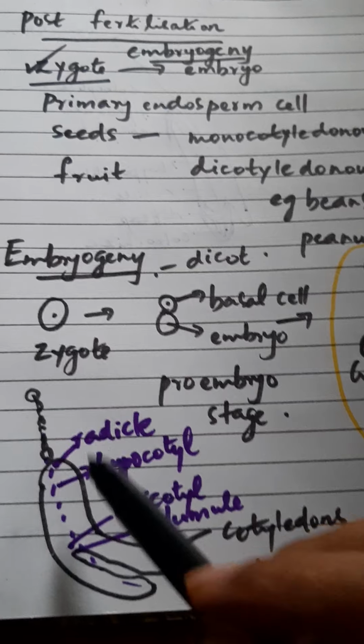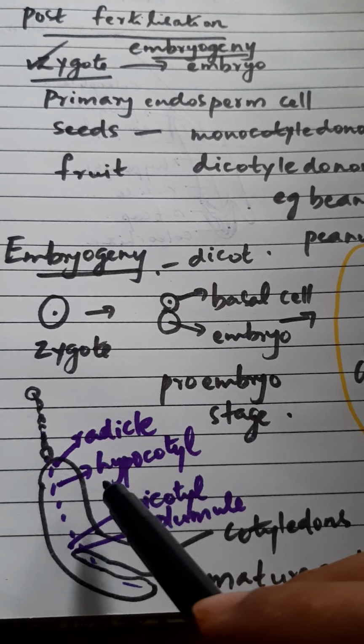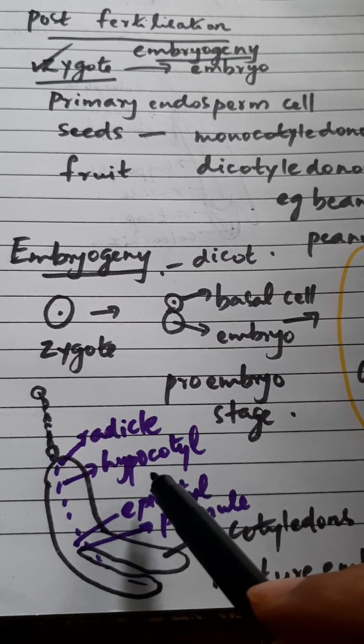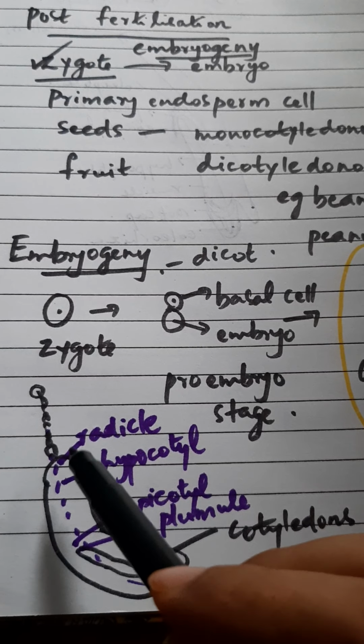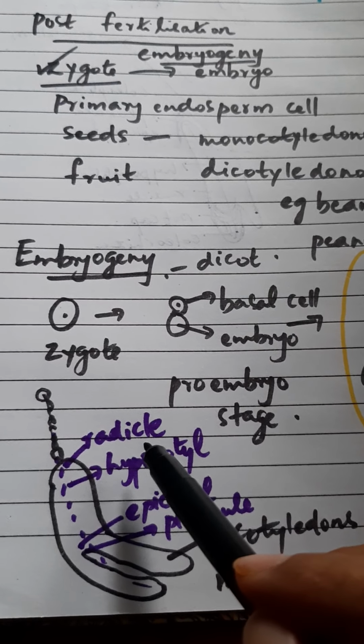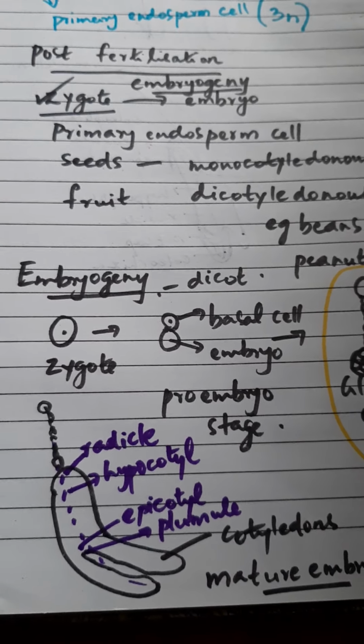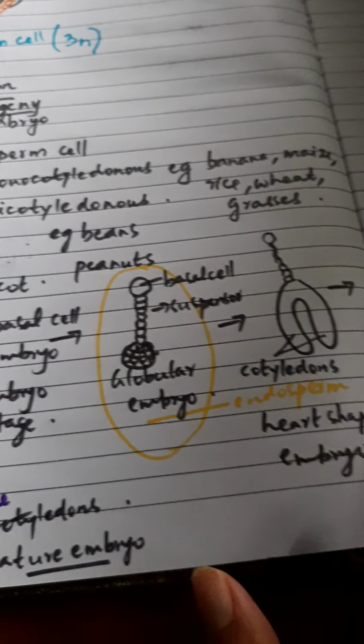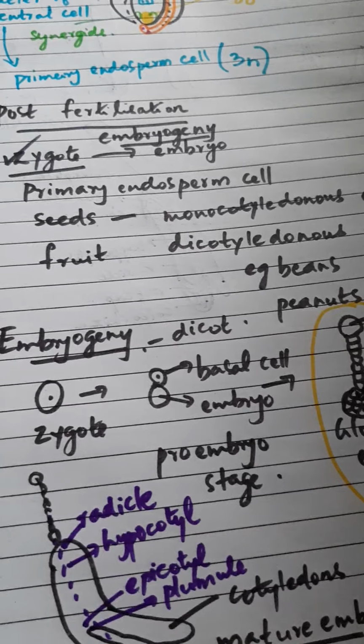Below the level of the epicotyl, you can see the hypocotyl. This tissue will become the stem of the plant, and hypocotyl terminates at the end by radicle. Radicle develops into the root of the plant. So, that is how the embryo develops in case of dicots.